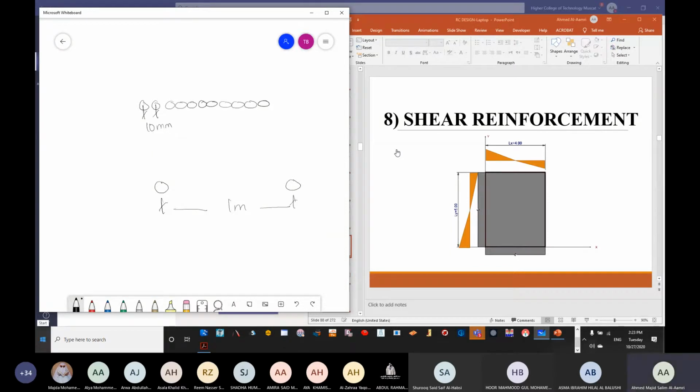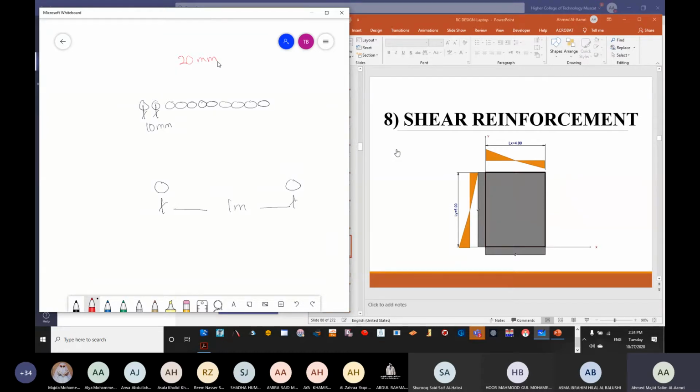Now for each case there is a reason. The reason for case number 1, you are using in your concrete coarse aggregate and fine aggregate. So the typical size of the aggregate is 20 mm.